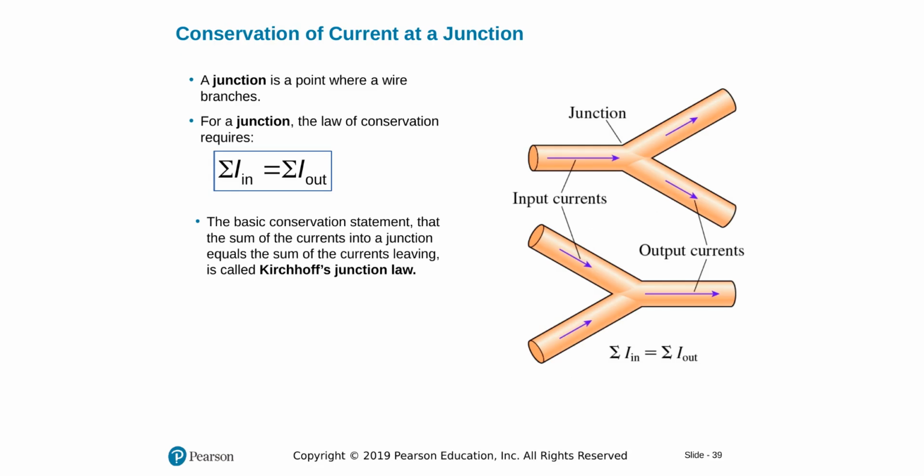Since electrons in should be electrons out, we said, charge is conserved. It's a conserved quantity. Charges generate current, so current is also conserved.